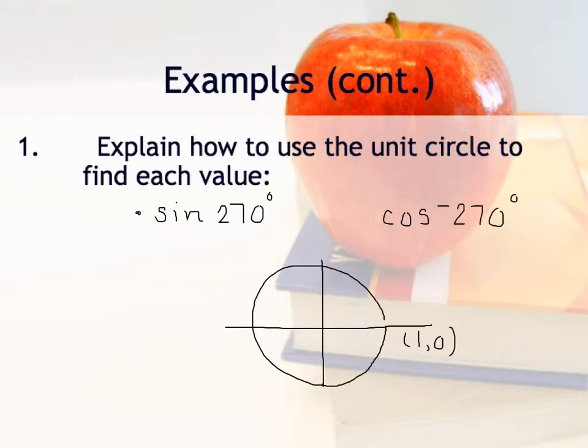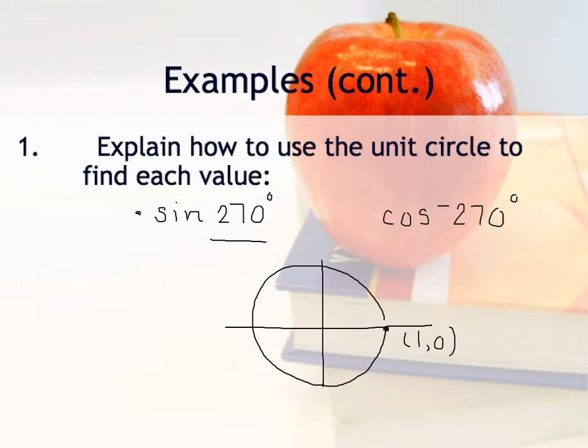In this example, we ask you to explain how to use the unit circle to find each value. And in the first example, find the sine of 270 degrees. Well, again, our starting point is always this point here at (1, 0). If our magnitude, in other words, angle of rotation, is positive, we know that means we need to go 270 degrees in a counterclockwise direction.